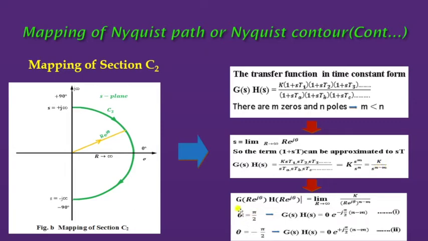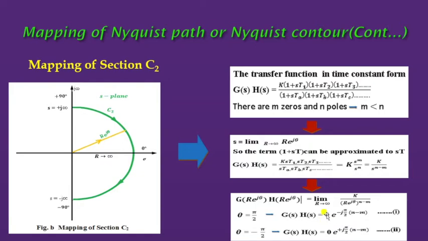Then put s equal to r into e to the power j theta, so we have r e to the power j theta raised to m minus n. Then consider theta from pi by 2 to 0 to minus pi by 2. If r tends to infinity, what is the magnitude?